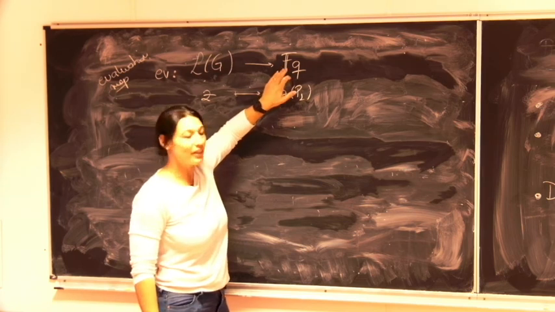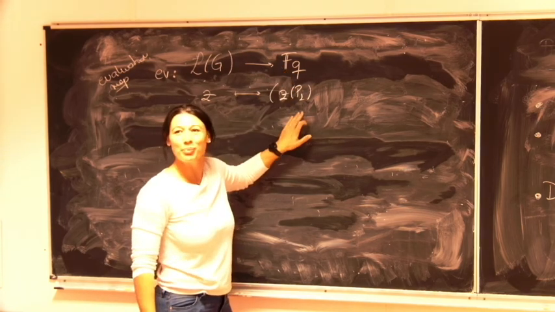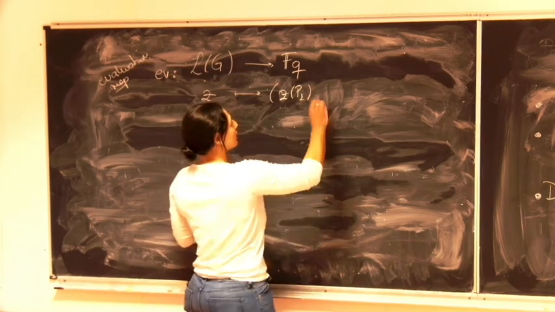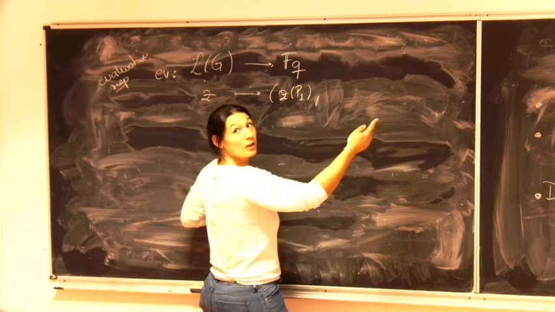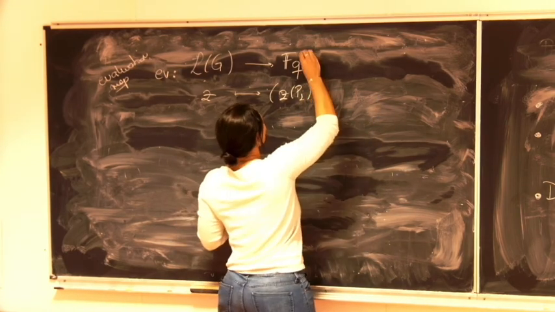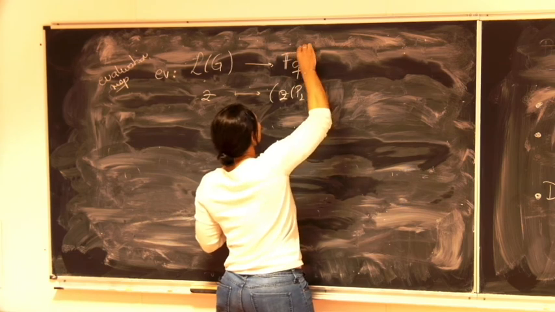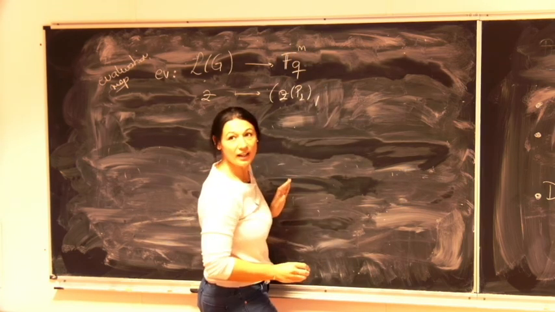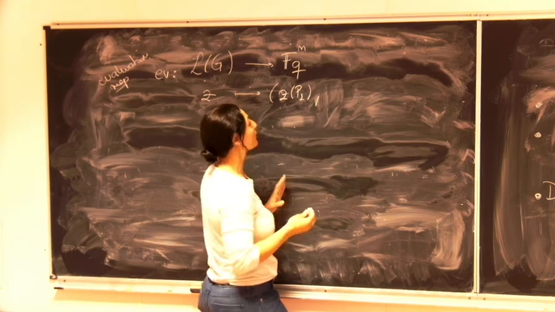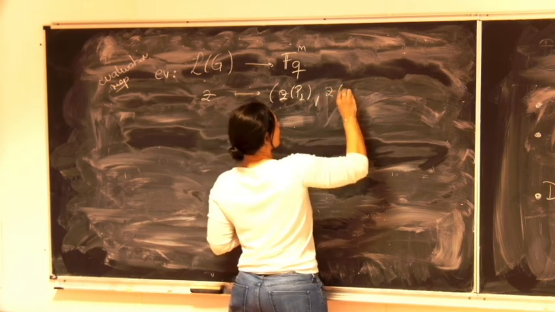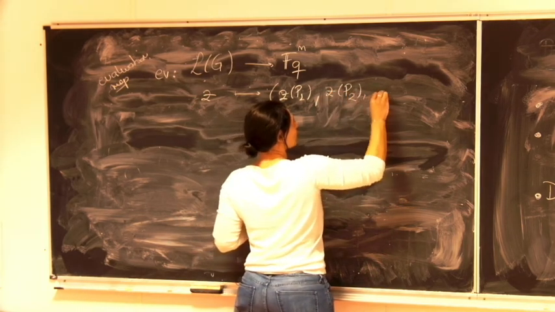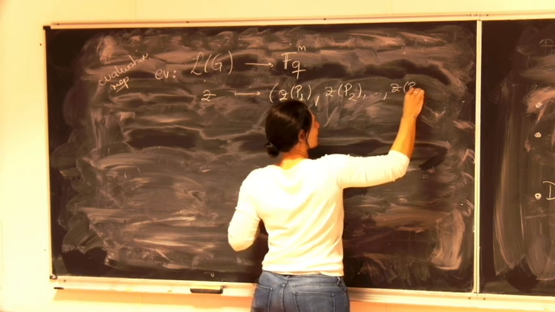I can think of it inside FQ because P is a degree 1 place. P1, P2 are all degree 1 places, so I can think of this inside n copies of the finite field FQ: c(P2) up to c(Pn).